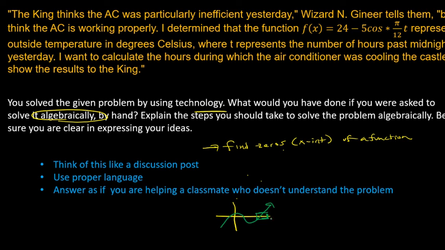The value of y is 0. The x-axis is the line y equals 0. So that's just a little hint to get you started. How would I find the x-intercepts algebraically? Think about what I might set y, what I might set f of x equal to, to solve for the x-intercepts.